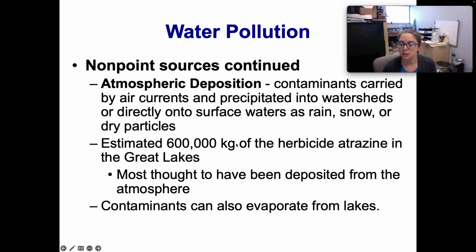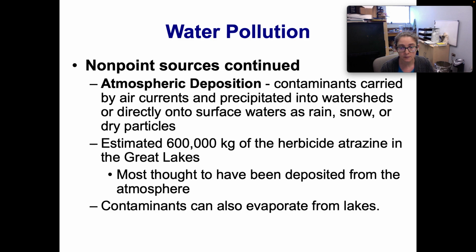So another non-point source is atmospheric deposition. And these are contaminants that are carried by air currents and precipitated into watersheds directly onto surface waters as rain, snow, or dry particles. It's estimated that 600,000 kilograms of the herbicide atrazine in the Great Lakes gets deposited from the atmosphere.